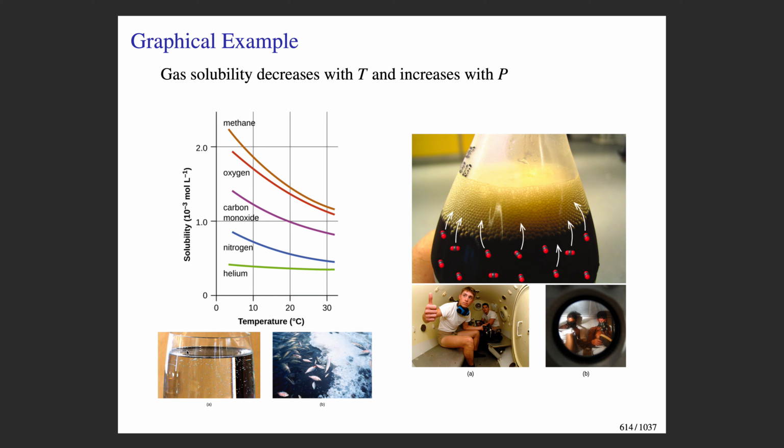You may have noticed that if you pour out some tap water and let it sit and come to room temperature, you'll see bubbles forming on the sides of the glass. This is because as the water warms up to room temperature, the solubility of the air dissolved in the water decreases.